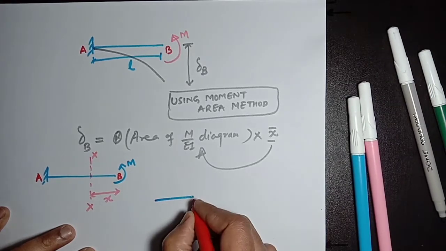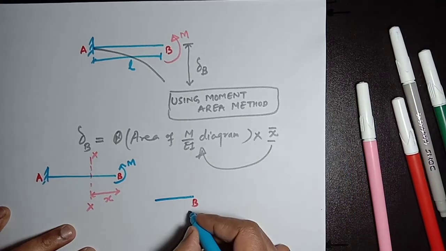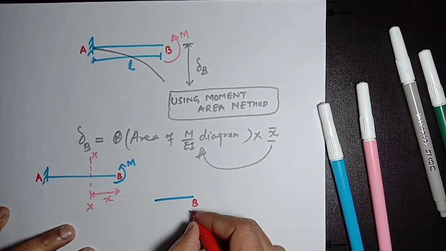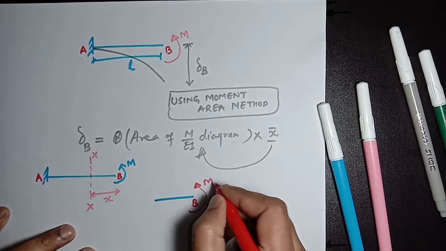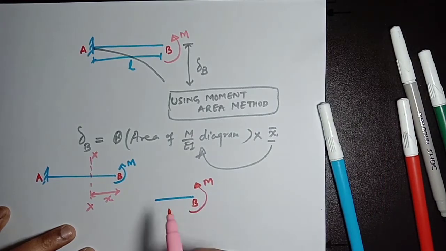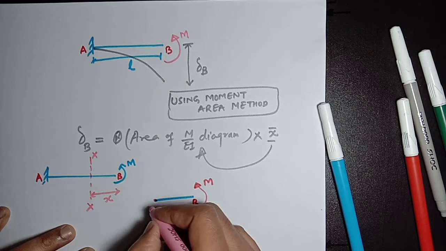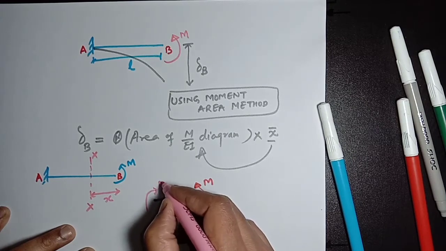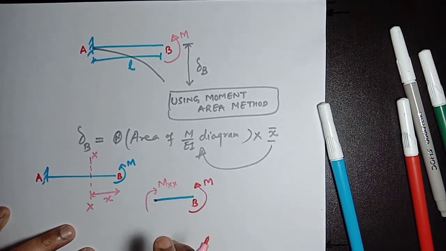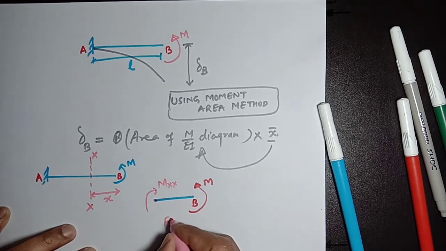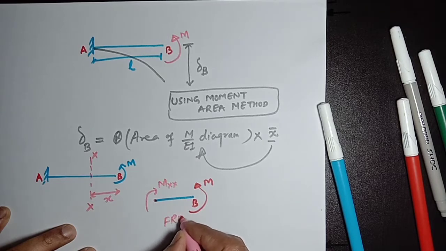It will be something like this. The free end will be B, subjected to a moment in the anticlockwise direction. Here M is acting. Now we want to find the moment here. Let's say this moment is Mxx, because we are going to find the moment at section XX. So what will be the moment? This is a free body diagram.